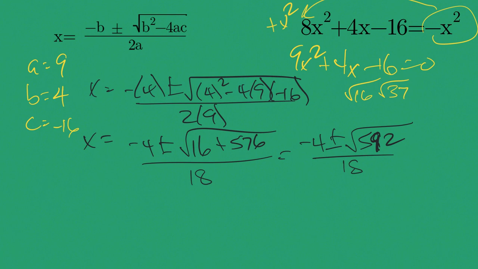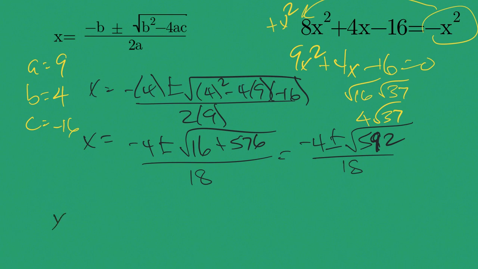And what's the square root of 16? Square root of 16 is? 4. So the square root of 592 reduces to 4 root 37.